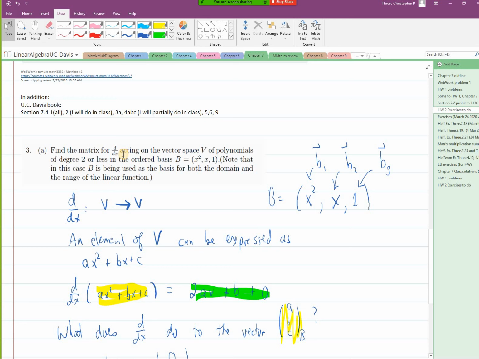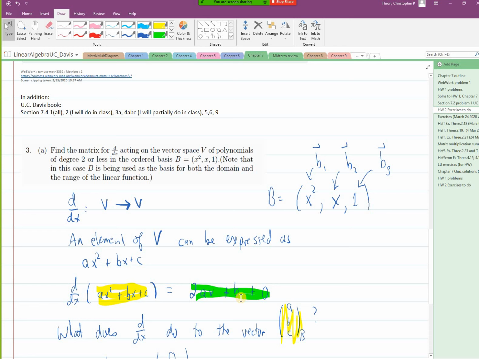Okay. So the strategy here, if you want the strategy, is express your vectors as linear combinations of the basis, and then find the matrix that relates the coefficients of the input to the coefficients of the output. This was an arbitrary element of the domain. This is an arbitrary element. This is what it yields.